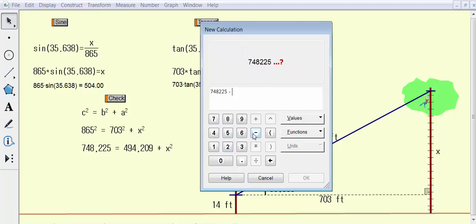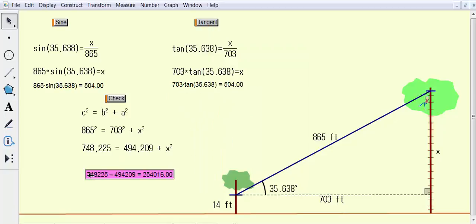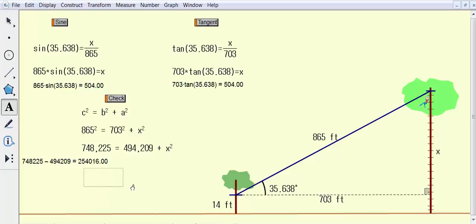So let's calculate this. We're going to want to subtract 494,209 from both sides. And that gives us 254,016. So this value, 254,016, is going to be equal to x squared.